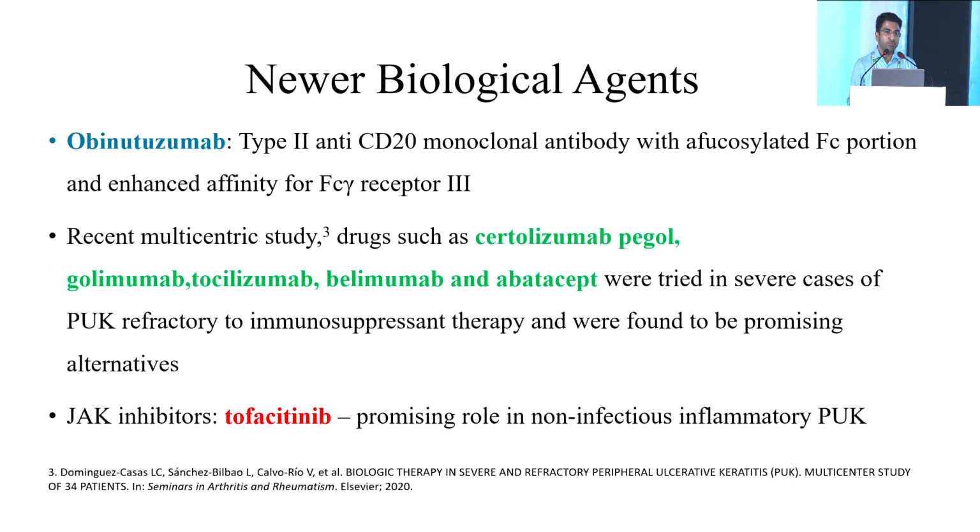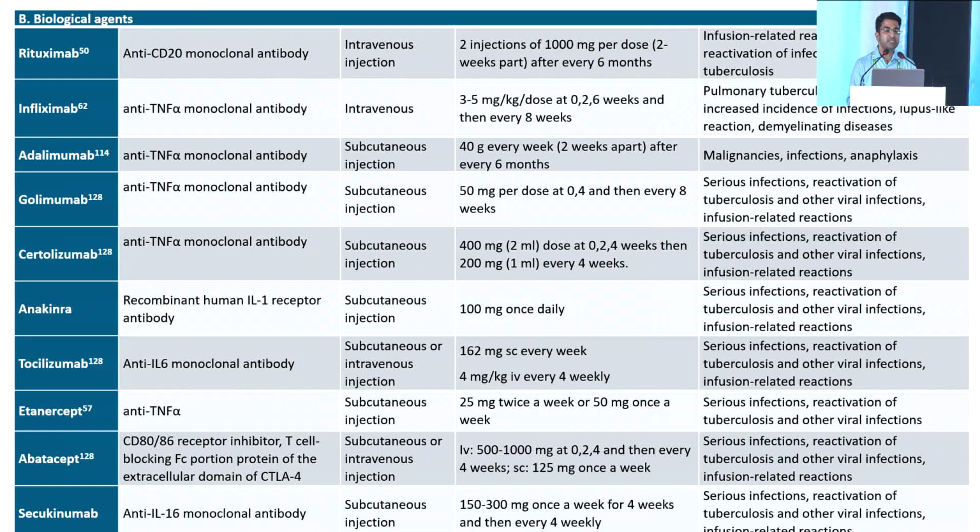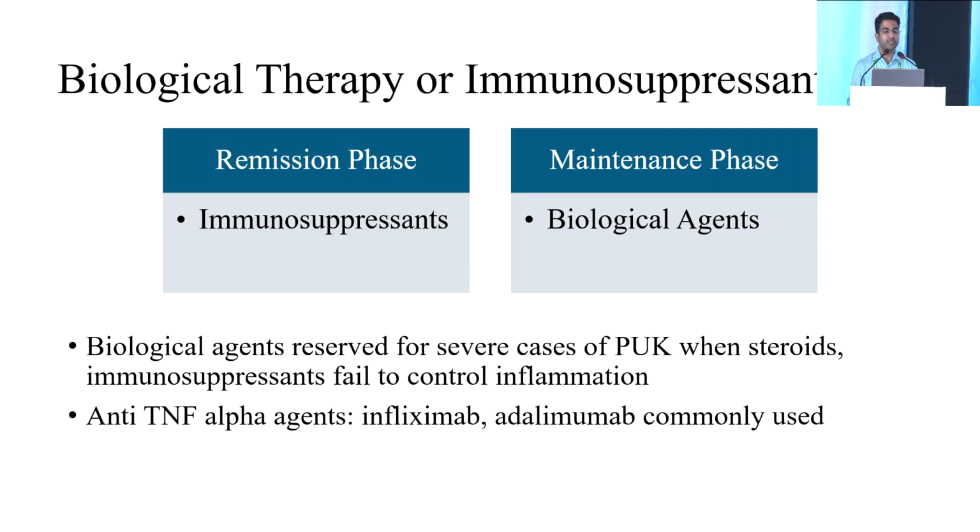So these are some more newer biological agents: obinutuzumab, golimumab, tocilizumab, belimumab, abatacept, and JAK inhibitors like tofacitinib can be used. All these agents can be chosen in coordination with a rheumatologist. They will be able to titrate the doses and monitor along with the clinical follow-up which is being done by the ophthalmologist.